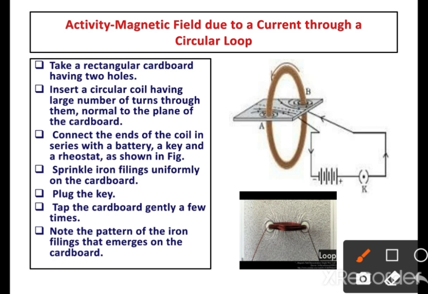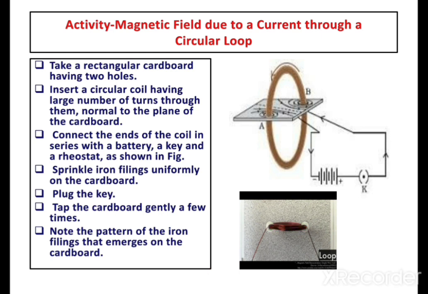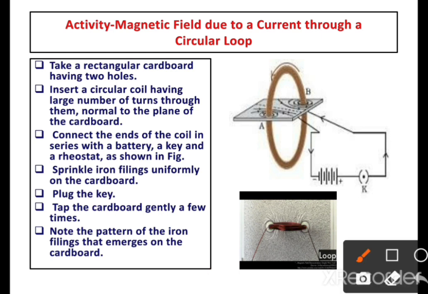And see this animation. This is a coil with a number of turns. When the current is passing through this wire, the magnetic field is produced around it. And see the pattern of the magnetic field. They are concentric circles.